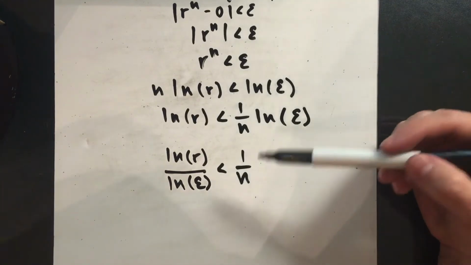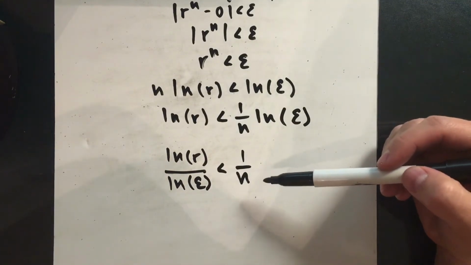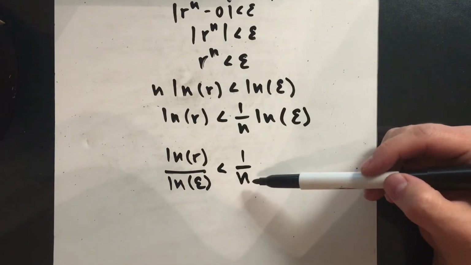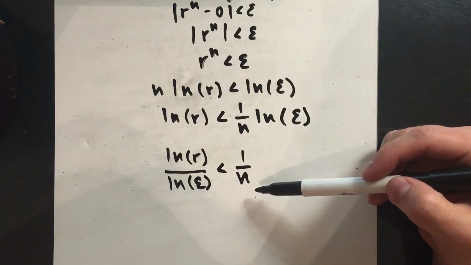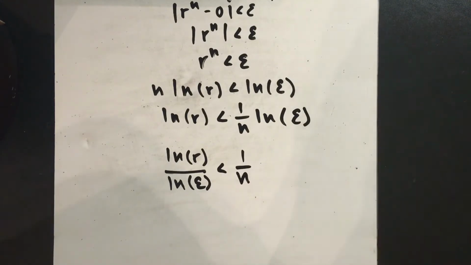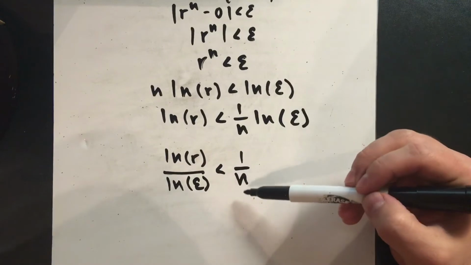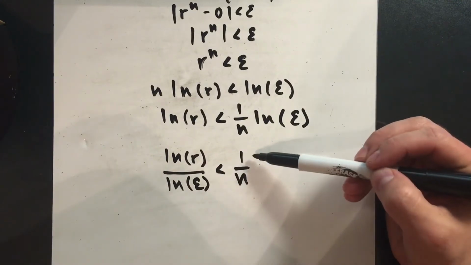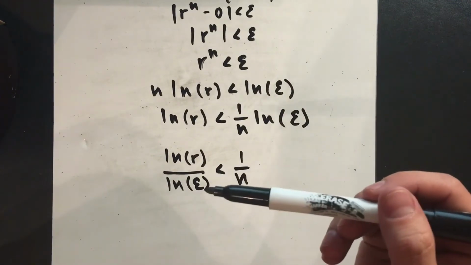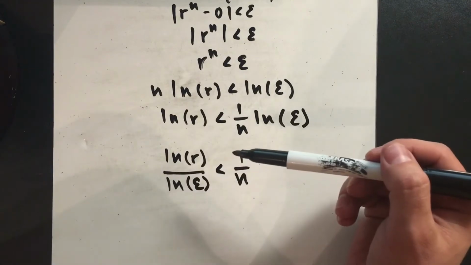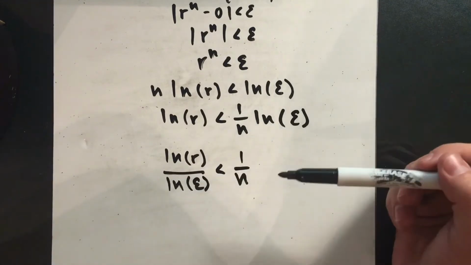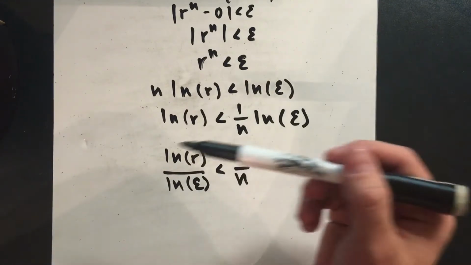Now, notice we do have the n on the right-hand side, but it's not in the form that we want it in. We don't want it to be a fraction. So what we could do to bring the denominator over to the numerator is take the reciprocal, and we could do that by raising both the left-hand side and the right-hand side of the inequality to the exponent -1.